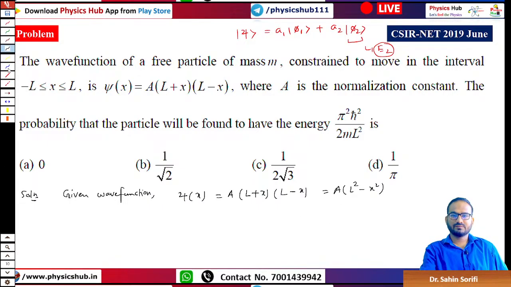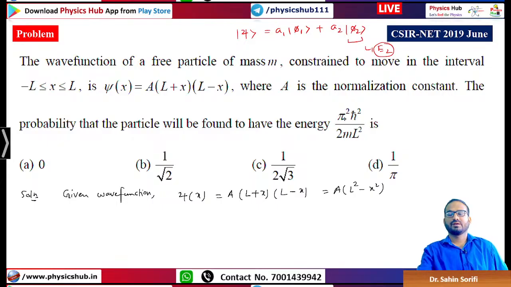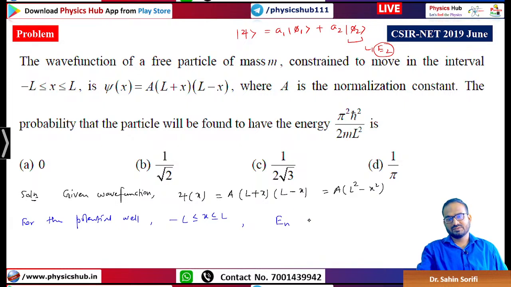Now the probability to find a particle at this energy. So for this potential well between minus L to plus L, the general expression for the energy eigenvalue is n square pi square h cut square by twice m L square.